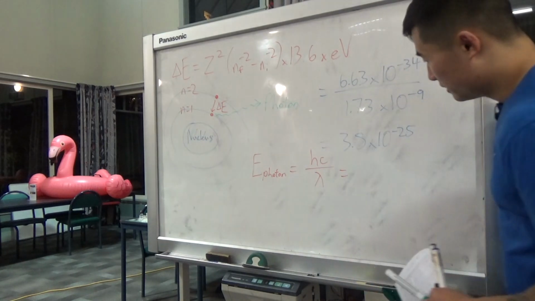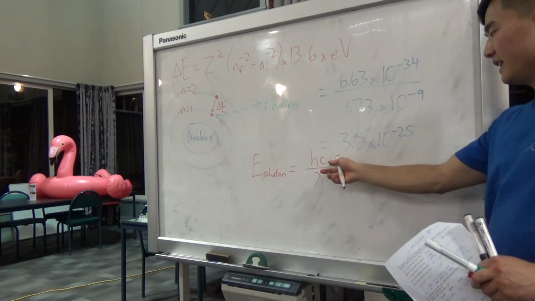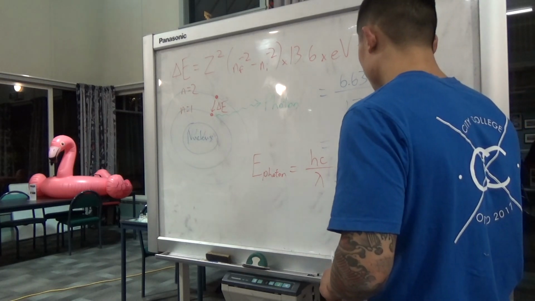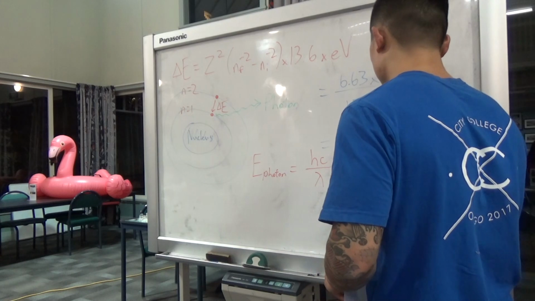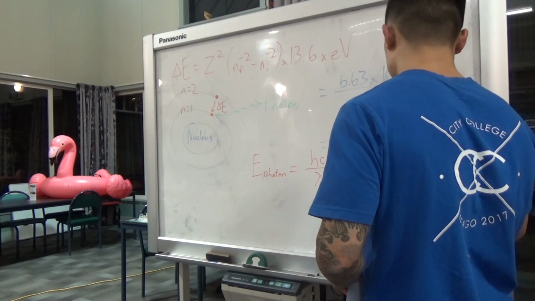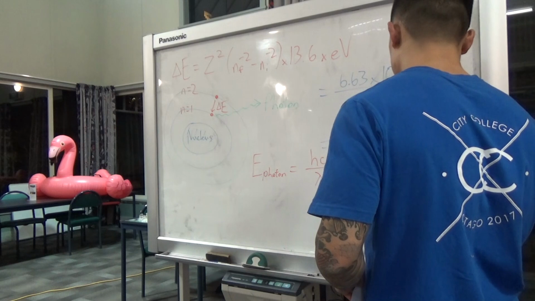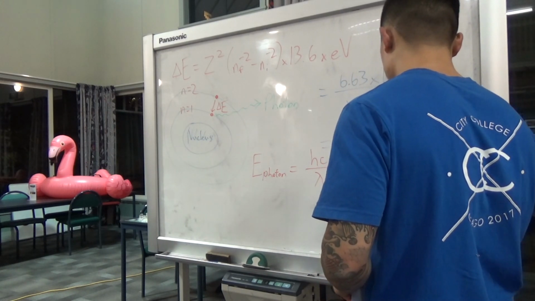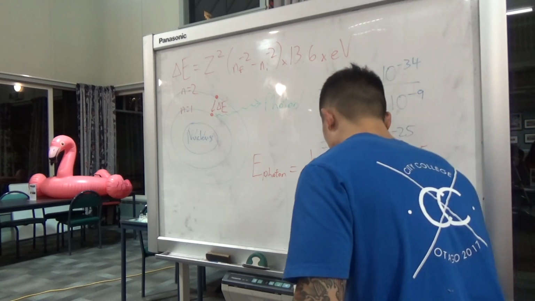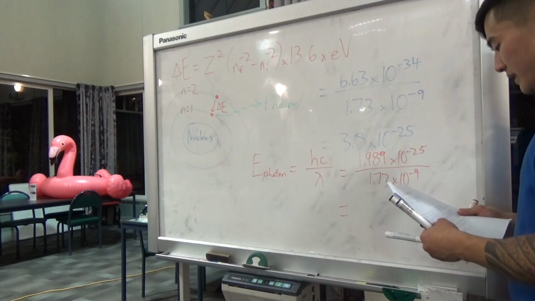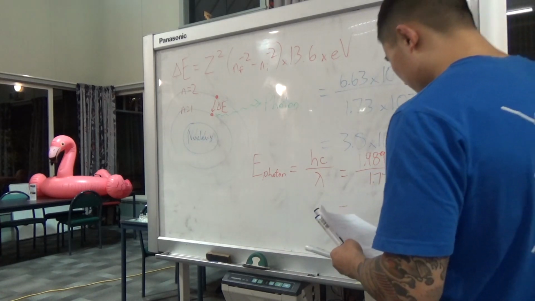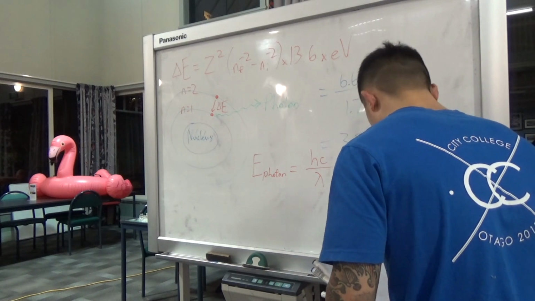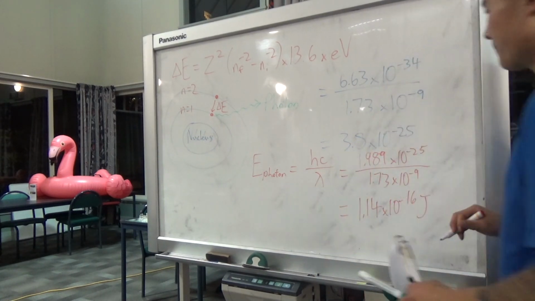And so on my cheat sheet, I just have h and c multiplied together, and that's 1.989 times 10 to the negative 25. And the wavelength was 1.73 times 10 to the negative 9. Okay, and that's going to be 1.14 times 10 to the negative 16 joules.